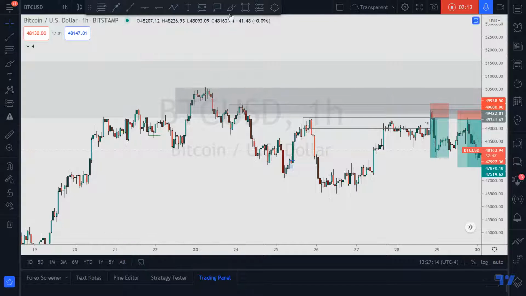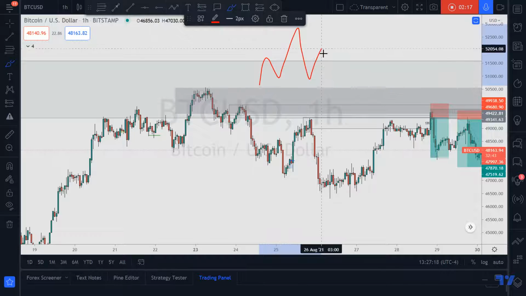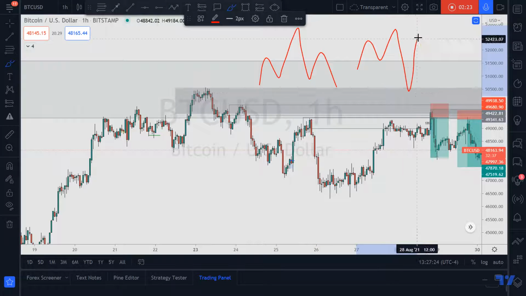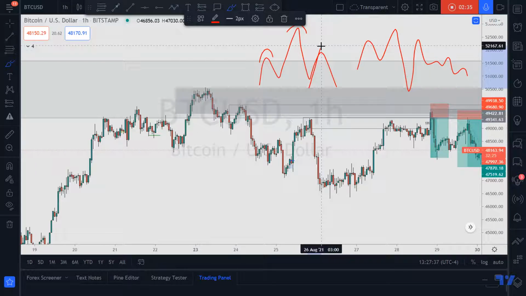Well, what I look for is basically a head and shoulder pattern or Quasimodo, right? What I want to see is a swing high, a higher swing, and then a weak attempt at trying to break that higher swing, and it doesn't make it.